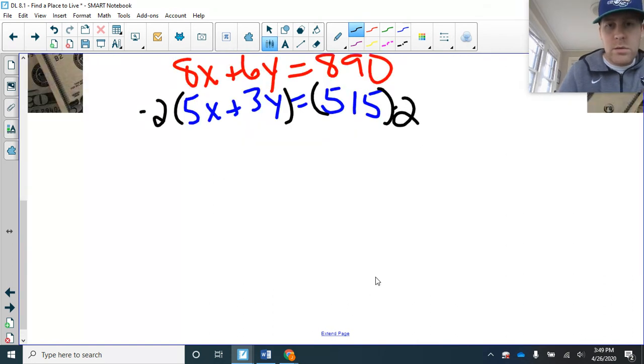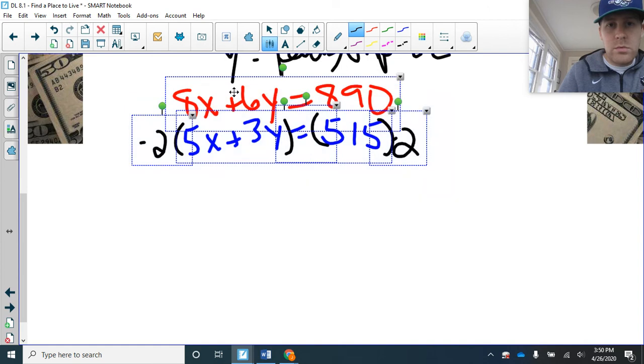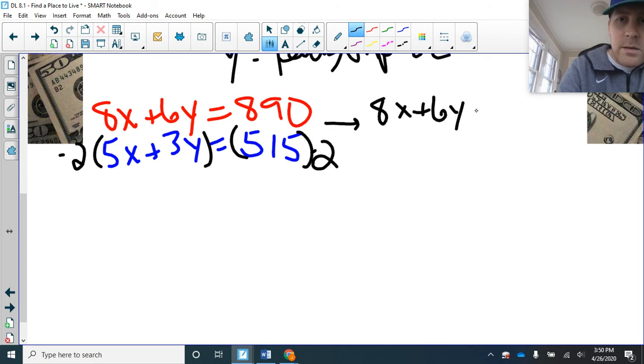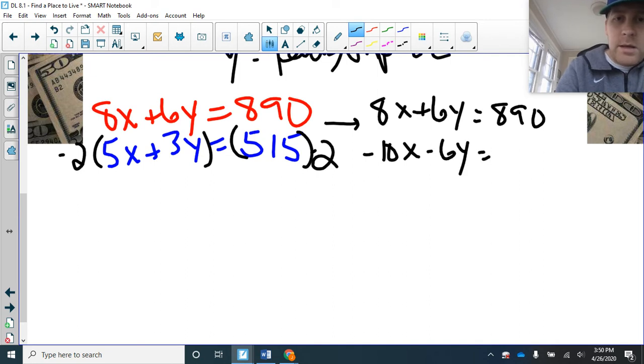So then we're going to have the first equation still 8x plus 6y equals 890. My bottom equation, when I multiply through by -2, I get -10x minus 6y equals 515 times -2, which is -1030.